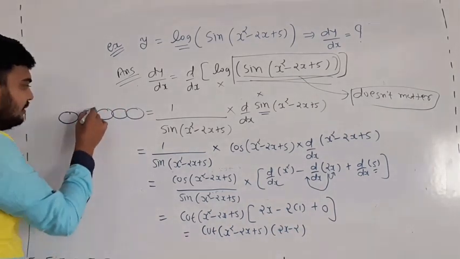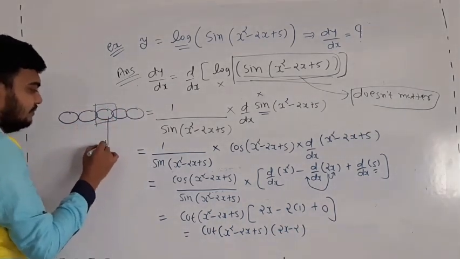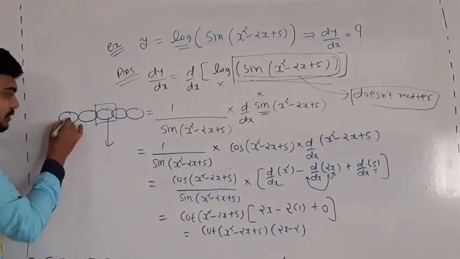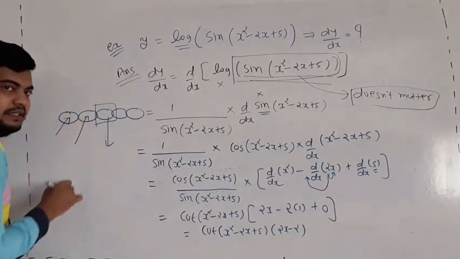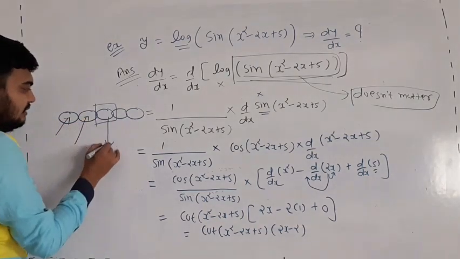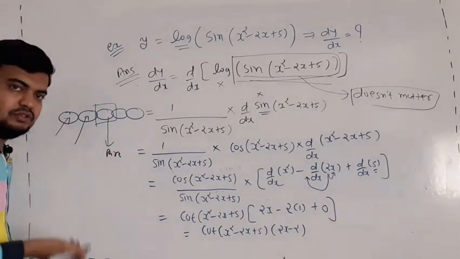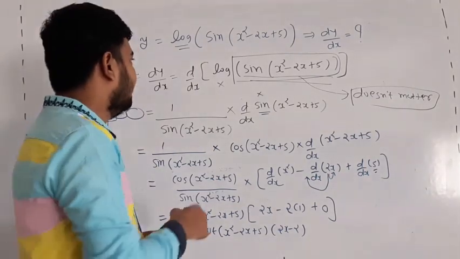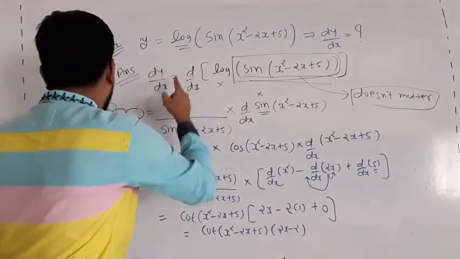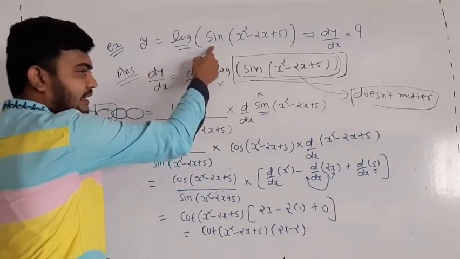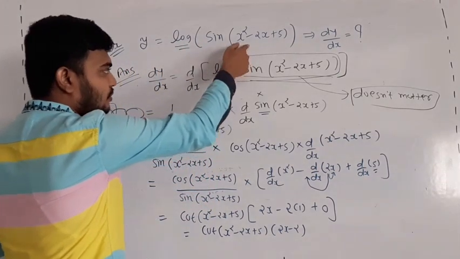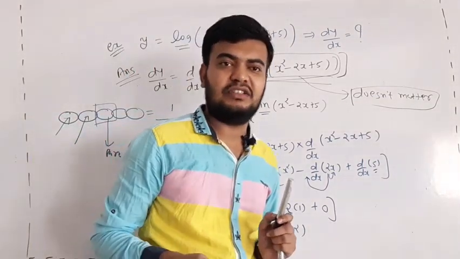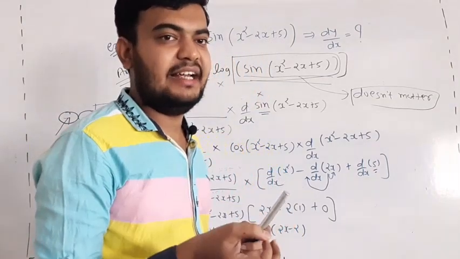If I want this part of the chain, obviously first I remove this part and second I remove this part, then I will get this part. So the same thing applies here. First take the differentiation of the outermost part, then the second outermost part, then the third outermost part, and go on. So differentiation of a composite function is known as the chain rule.